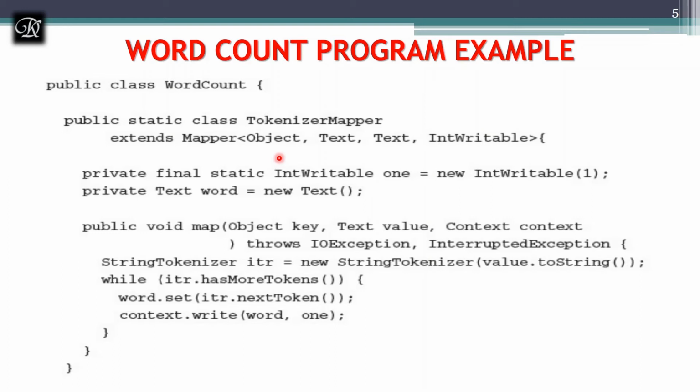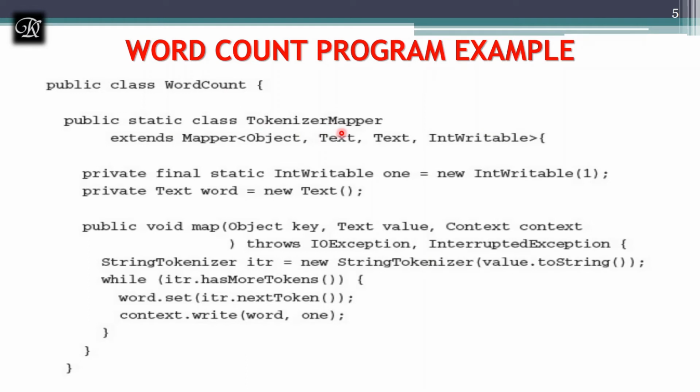These are all Java standards. I will not discuss in detail which keyword is responsible for what; I'll just go on and explain a few technicalities. We are creating a class called word count, and I'm going with a tokenizer mapper. This is the mapping stage.